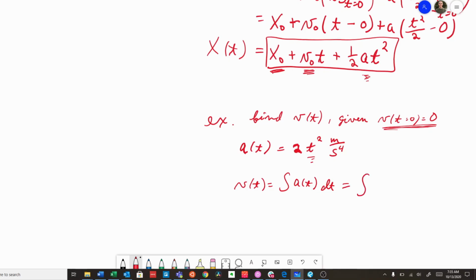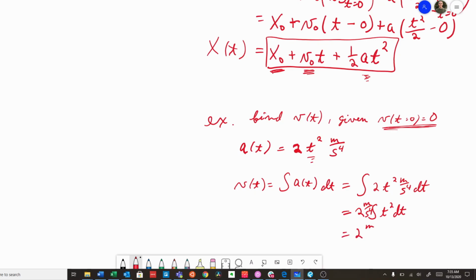So here, acceleration is 2t squared meters per second to the fourth dt. Then I can do the antiderivative. I can pull the constants out front, right? 2 meters per second to the fourth goes out front. Now I can do my antiderivative of t squared dt.